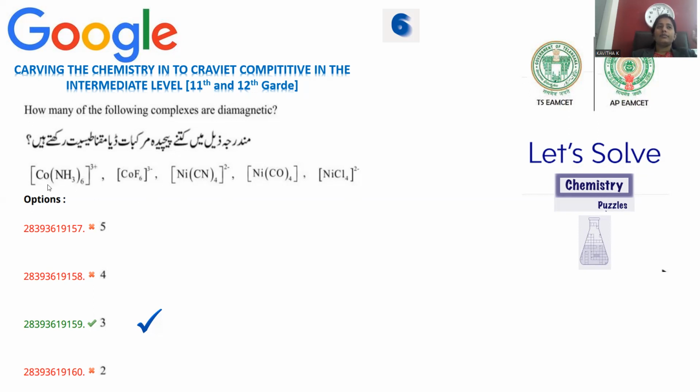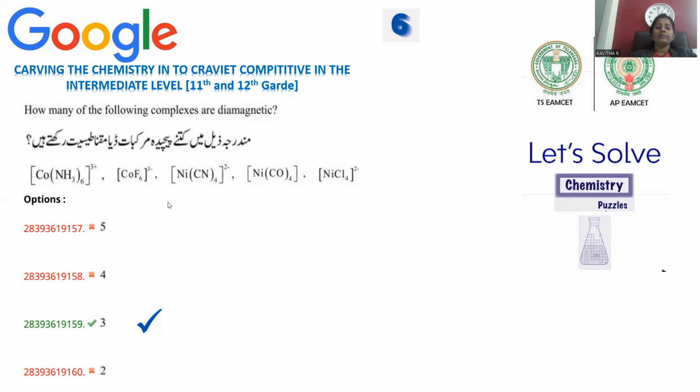Cobalt is of atomic number 27, a d7 system. Nickel is of atomic number 28, a d8 system. But there is a variation in the strength of ligands. Ligand strength matters for the magnetic nature, right? Weak field ligands will not pair up the electrons, rather strong field ligands have a tendency to pair up the electrons.